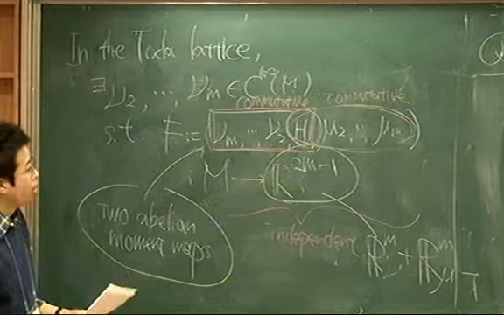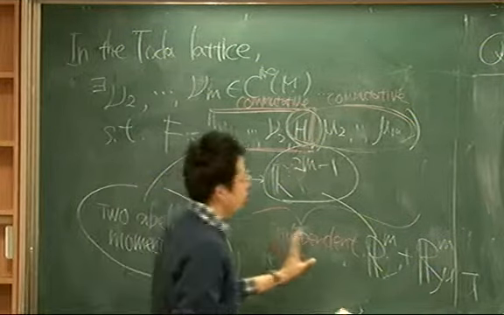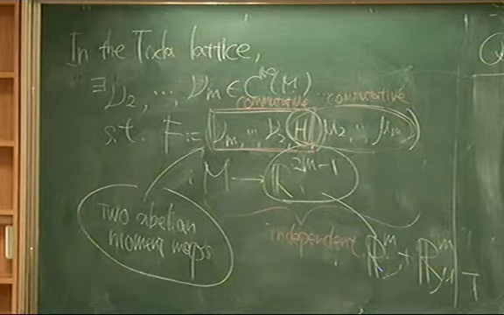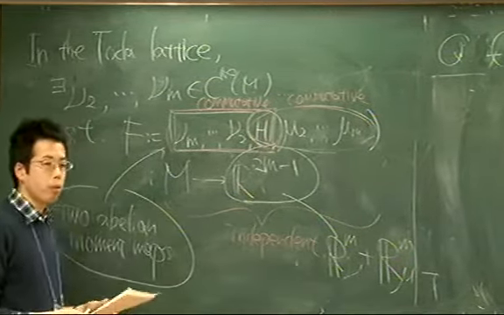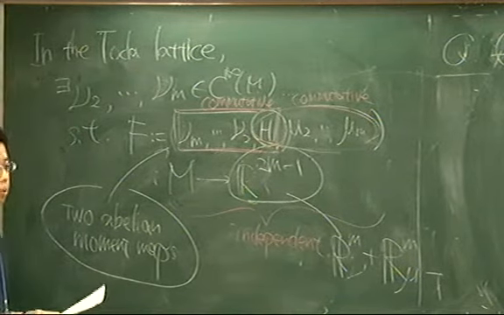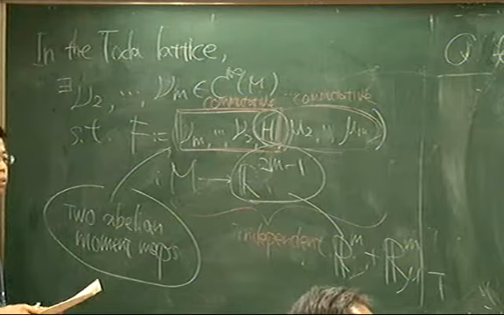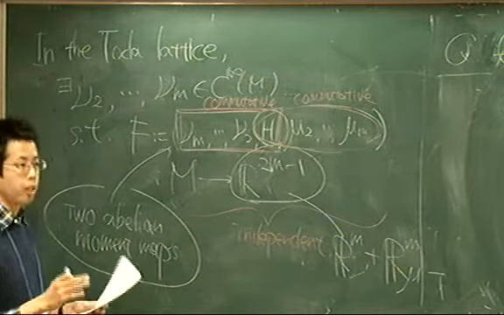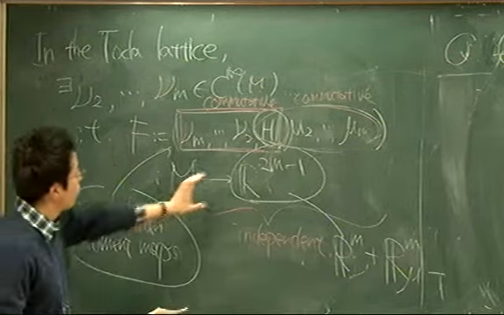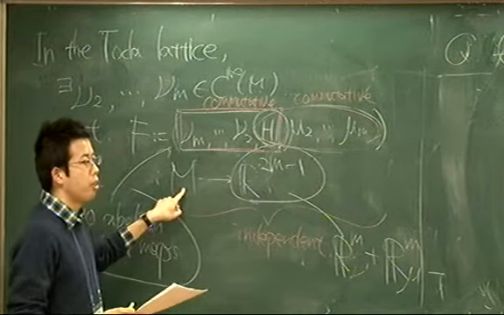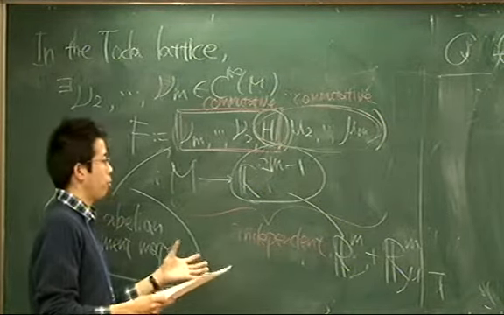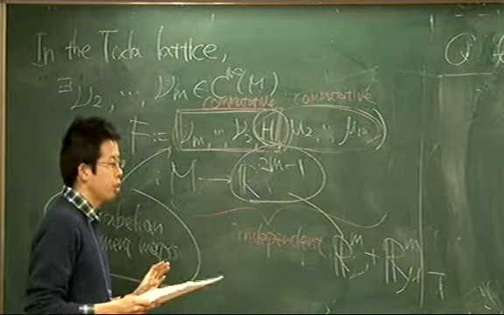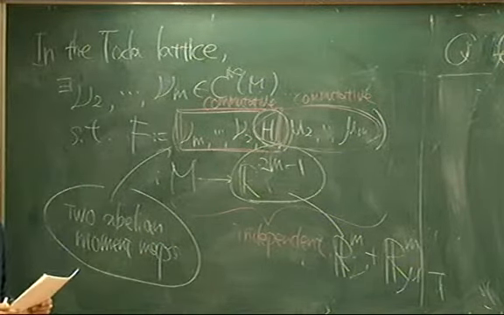Could you explain the meaning of independence? Oh, sorry. That is the same as here: the points where the one-forms of the component functions are independent form an open dense subset. You mean the collection of all 2m minus 1 functions? Yes. So the physical path is the fiber of this map. Yes, exactly. Because this is just one dimension smaller than M, the fiber, which is a solution of the equations of motion, has to be a one-dimensional submanifold in general, and that's a periodic orbit. A circle. Yeah.